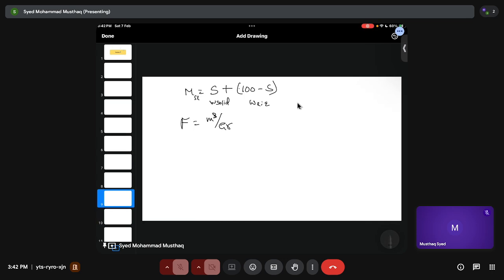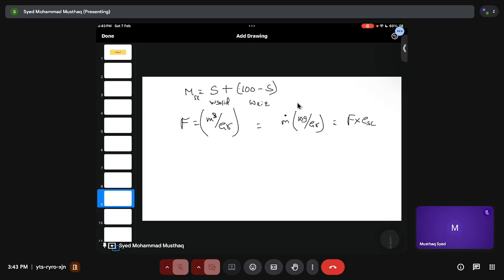Now if I'm talking about mass flow rate, it is represented as m dot, and the units are kg per hour, right? Then what do I need? You multiply the flow rate with the density of your slurry, that will give you the mass flow rate.